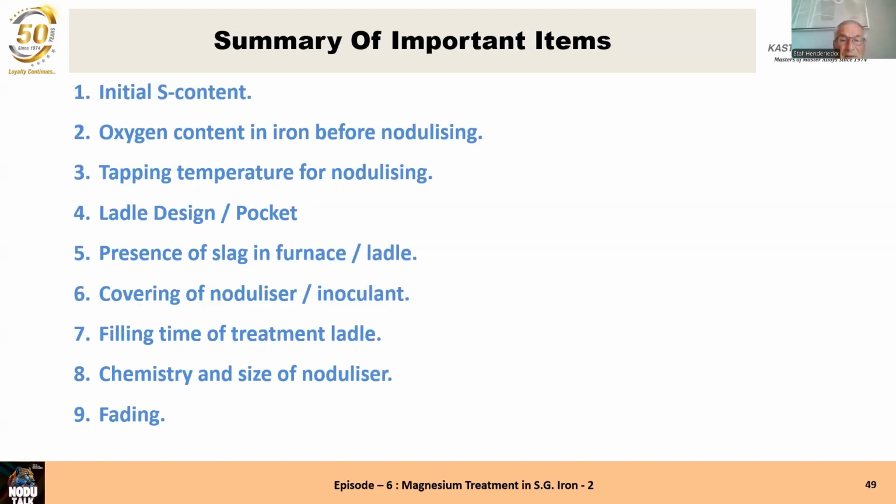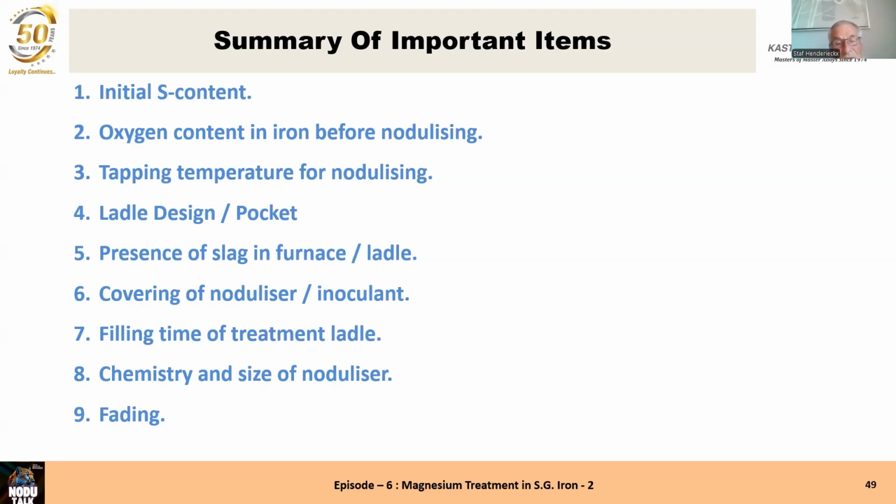The summary of the important items, as we said: the initial sulfur content; the oxygen content in the iron before nodulising, because there is always oxygen in our iron; the tapping temperature for nodulising; the ladle design and the pocket; the presence of slag in the furnace and the ladle.